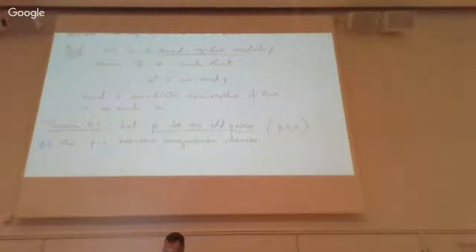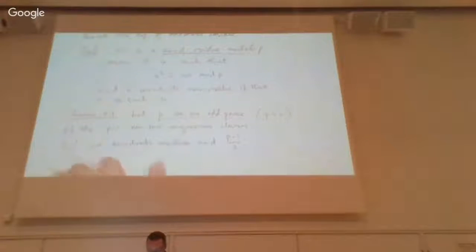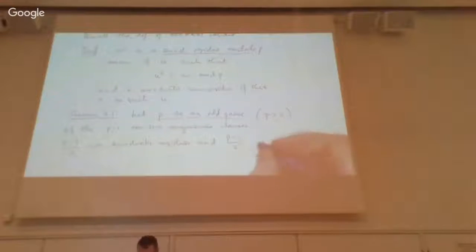But of the p minus 1 non-zero congruence classes, p minus 1 over 2 are quadratic residues. And so the other ones have to be non-residues, because a non-residue is something that isn't a residue. So half of them are quadratic residues, and the other half are non-residues.